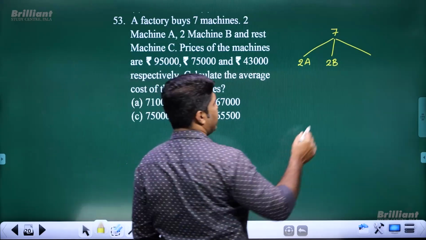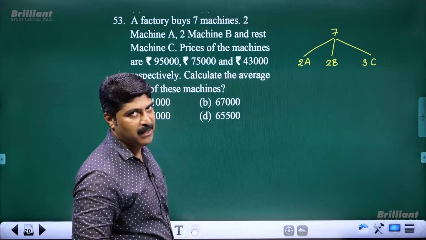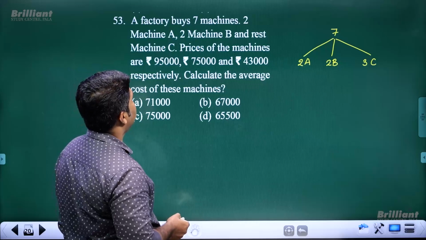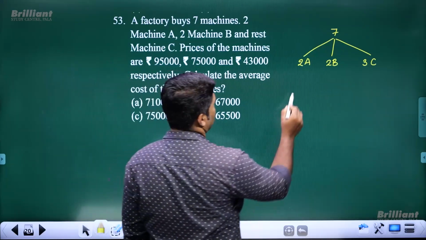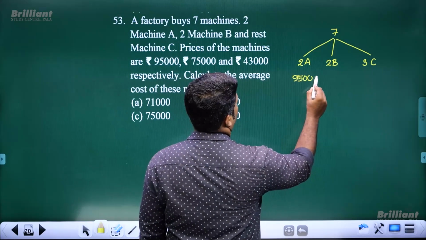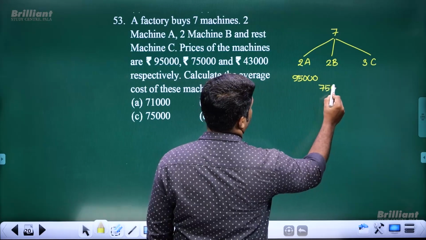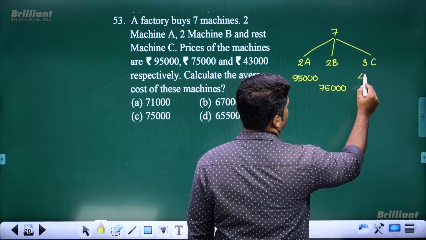Therefore, what remains? 3 machines of C. This is the distribution, 2, 2, 3. Then we have to consider the prices here. The price of machine A is 95,000. The second one is 75,000. And the third one is 43,000.